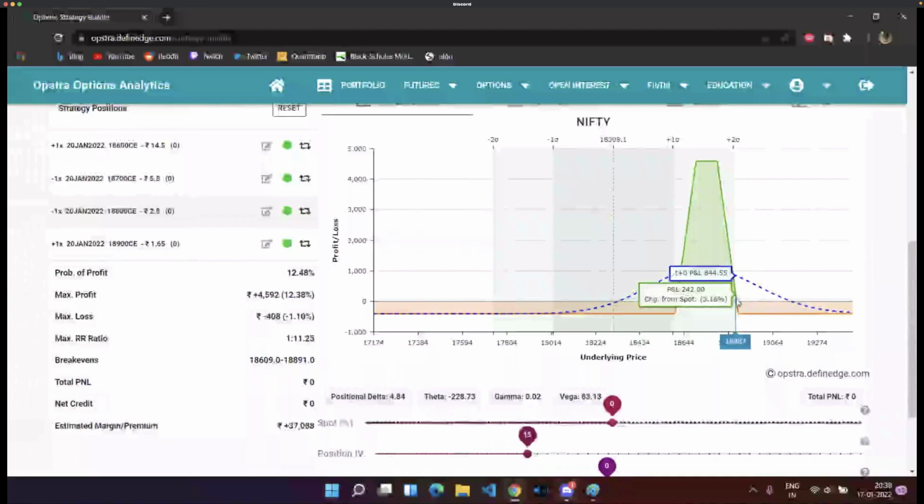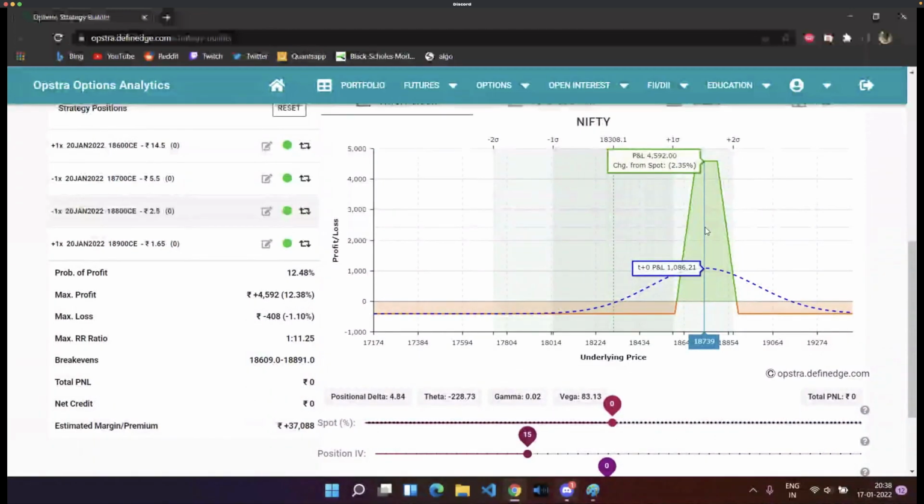So you can basically shift these things if you have enough brokerage, if you have a free brokerage or anything. When I used to trade these things, I used to shift once per day. So there is no guarantee that you need to shift regularly. Just sit comfortably, and whenever Nifty moves a lot, like 200, 300 points, shift once. You can shift these things and make money that way too.